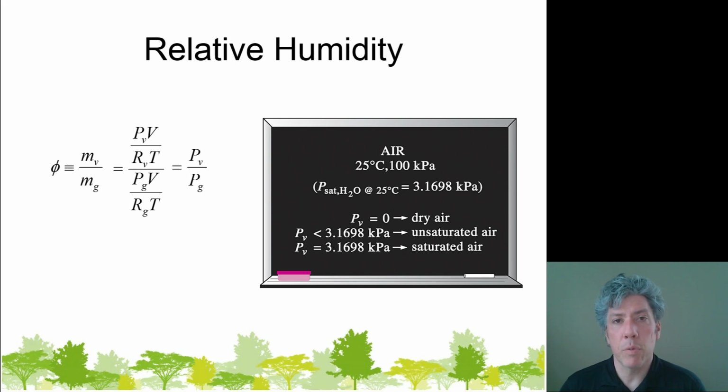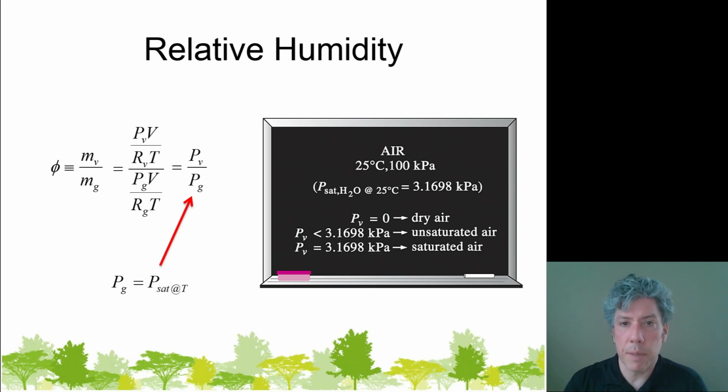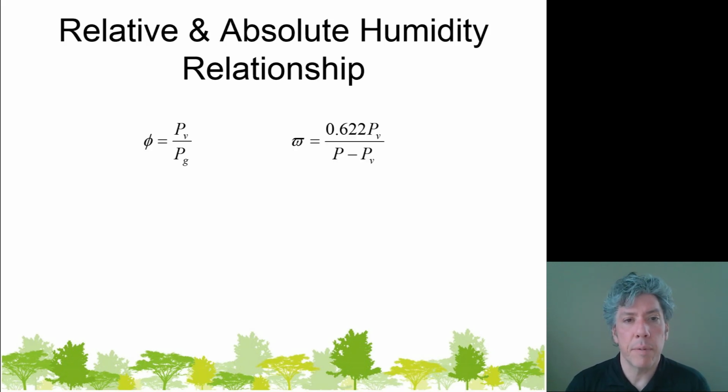We're talking about just water vapor at current conditions versus saturation conditions. In that case, it's just the ratio of the partial pressure of the water vapor that actually is in the air divided by the saturation pressure at whatever the temperature happens to be. So that partial pressure at saturation, you just look up based on the temperature. For example, I gave you air here at 25 degrees. Well, just look up the saturation pressure of water vapor at 25 degrees, and that's what you plug into the denominator here.